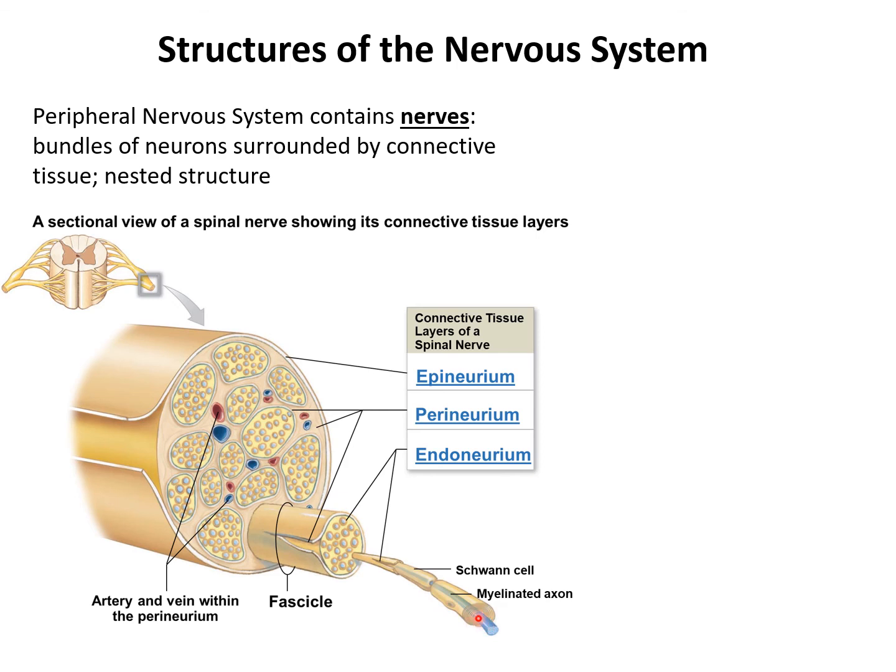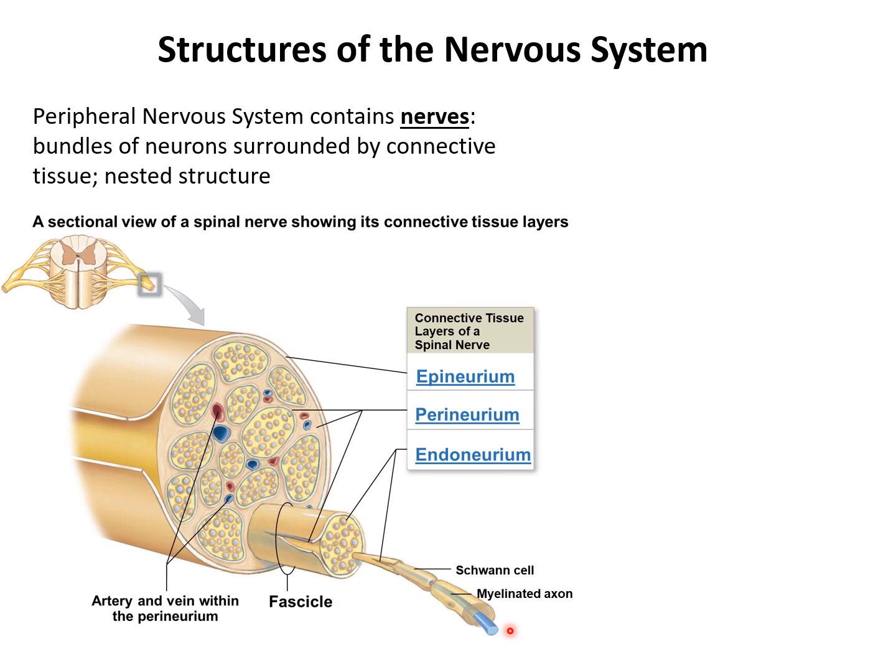What we can see is an individual myelinated axon, so that is where action potentials are actually traveling along, the level at which we have been discussing the nervous system thus far. However, individual neurons are not in isolation. They are organized and bundled into these nerves.